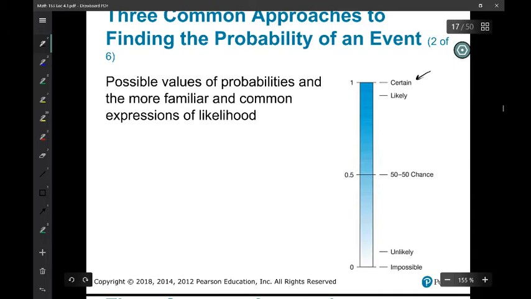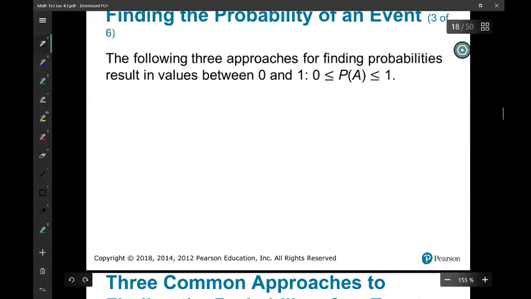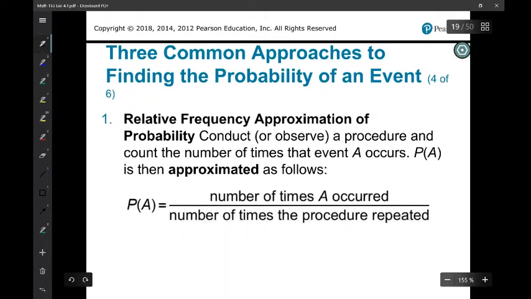The closer the number is to 1, the more likely it is. Probability of 0.5 means it's a 50-50 chance. And a probability close to 0 is unlikely, and it's not going to happen if it's 0. So probability of any event will be some number between 0 and 1. Possibly 0, possibly 1.